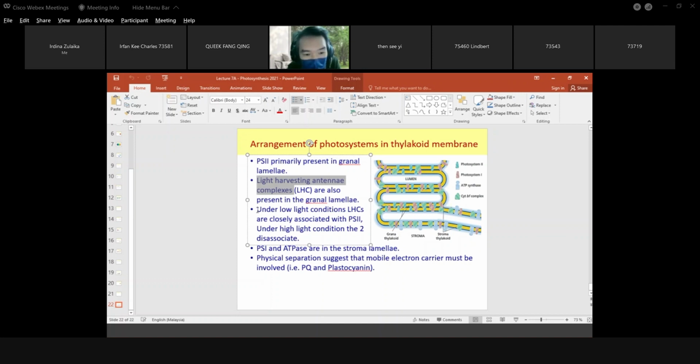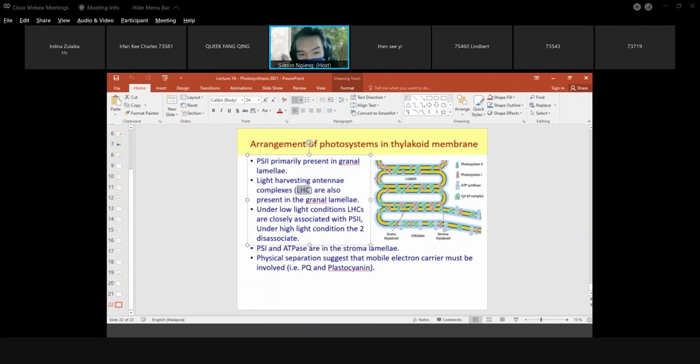Under low light condition, your photosystem 2 is going to be very much associated with the antenna, because when the light is low you have a low amount of photons.